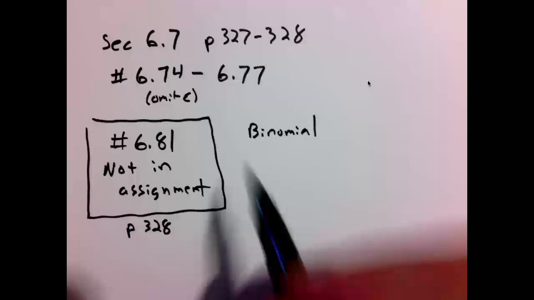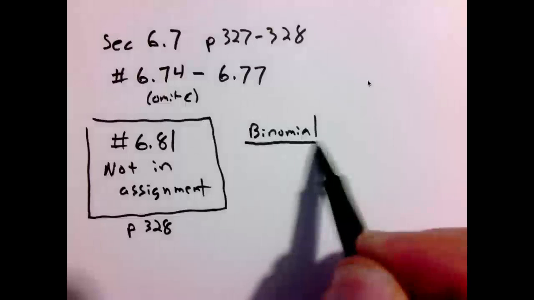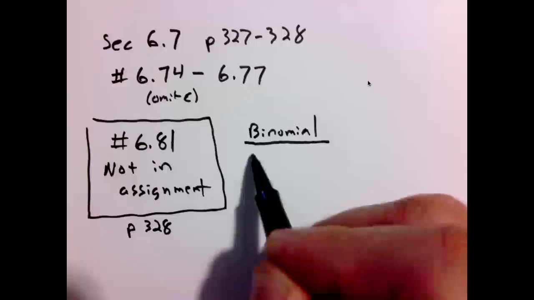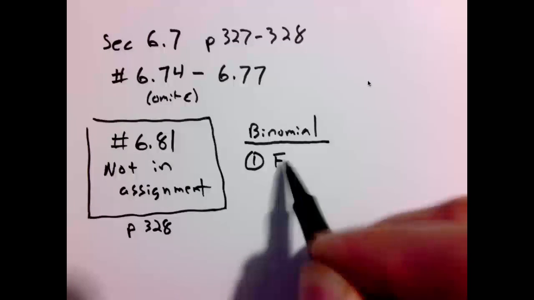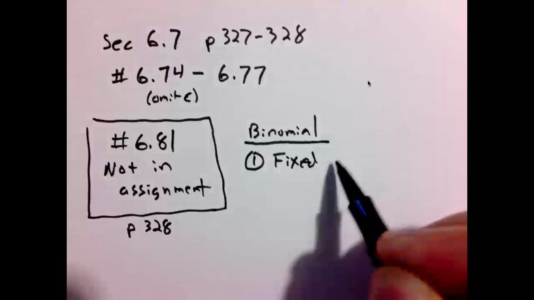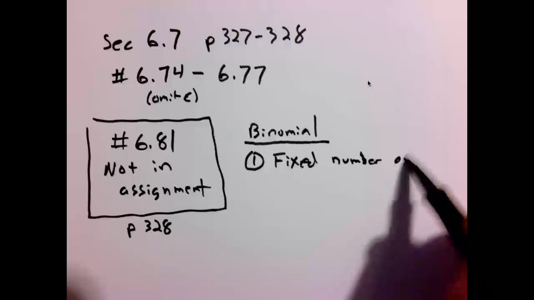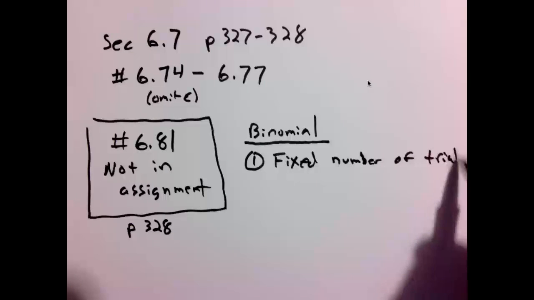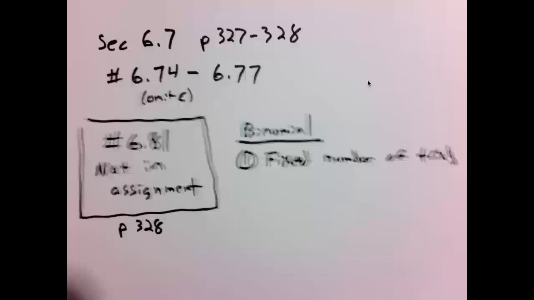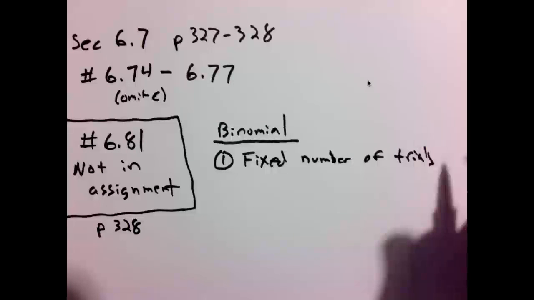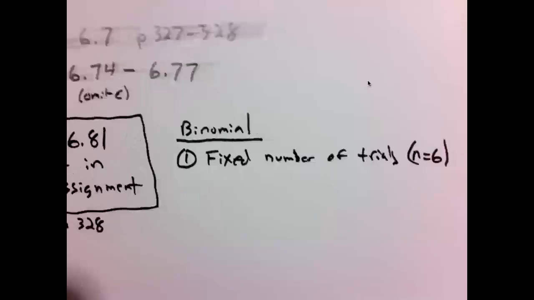We learned about 4 characteristics of our binomial. Number 1, it's a fixed number of trials. In this case there are 6 trials. We're going to ask 6 passengers.